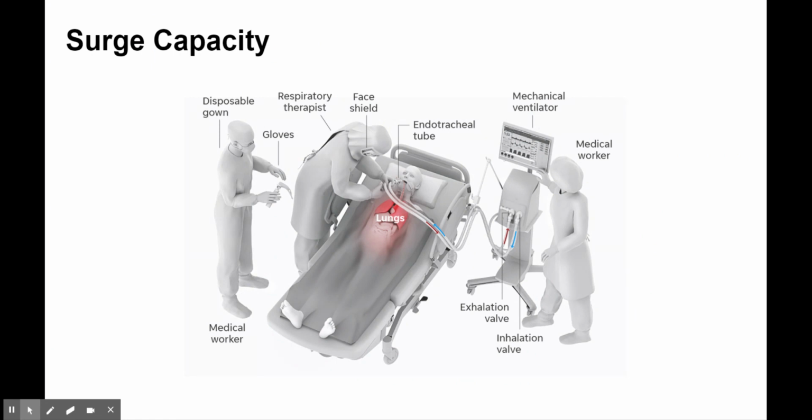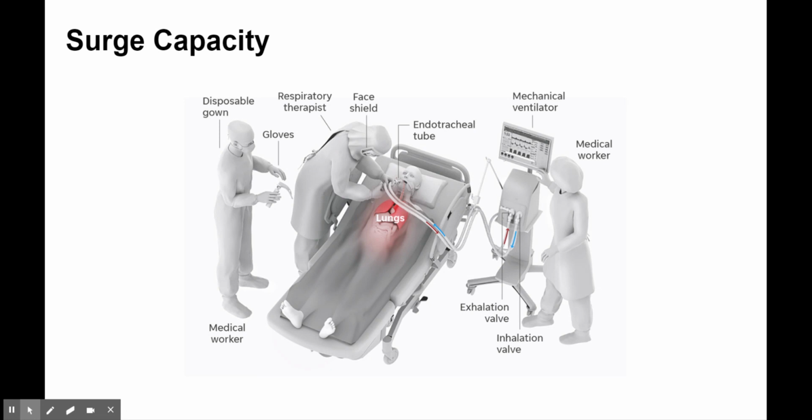A big part of it has to do with this term called surge capacity, meaning when a lot of people get sick all at once, for example, with a disease like COVID that aggressively attacks your respiratory system, then a lot of people all of a sudden, all at once, require medical resources like ventilators.